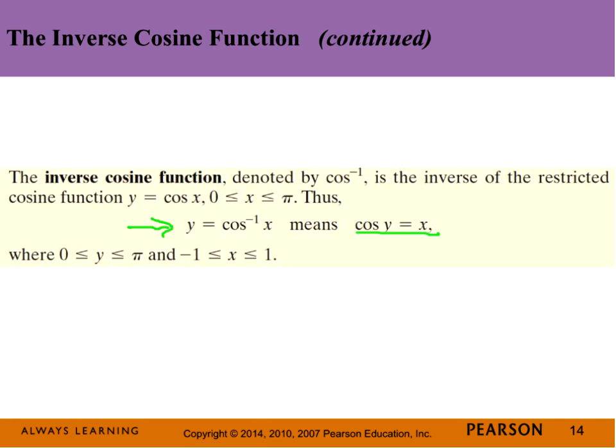So once again, just notation here. If we have that y equals the cosine inverse of x, that means that the cosine of y is equal to x. So it's that same flip-flop when you move between the cosine and the cosine inverse functions here. And notice here's our restriction on our domain, which is 0 to pi.